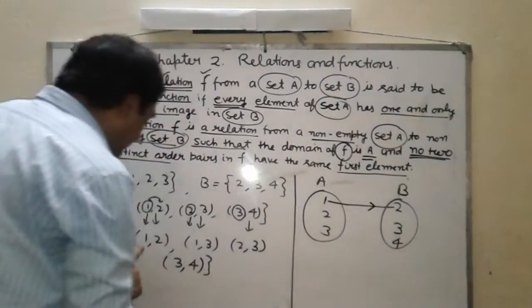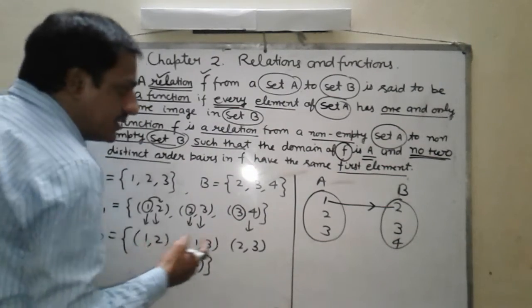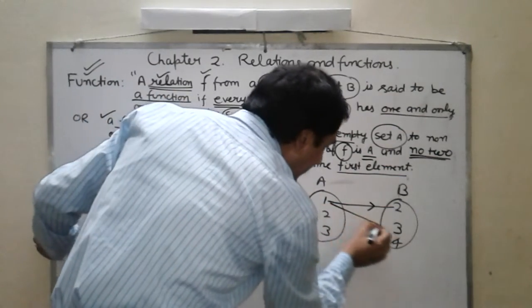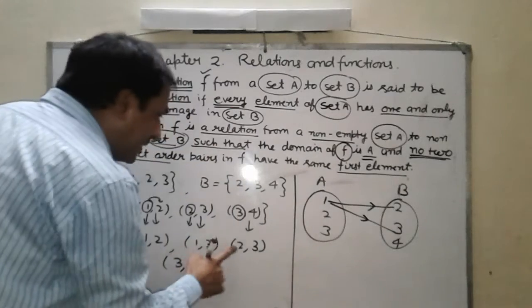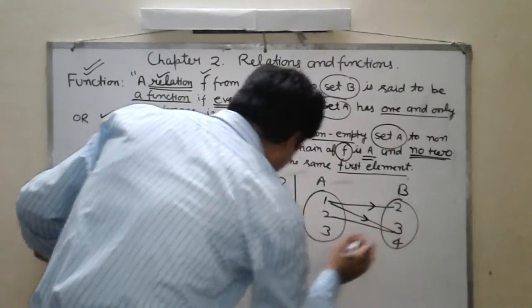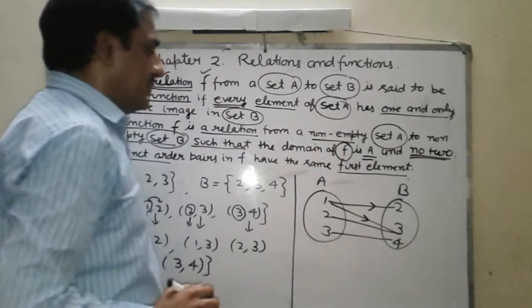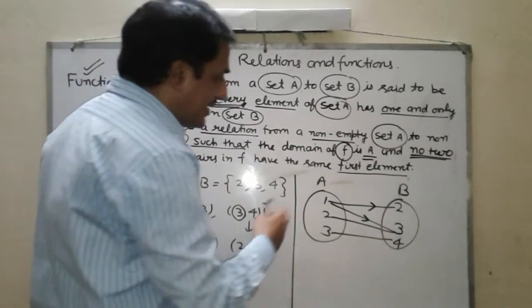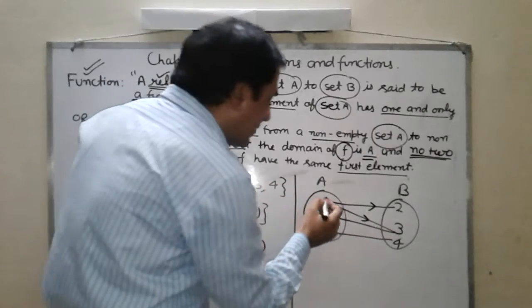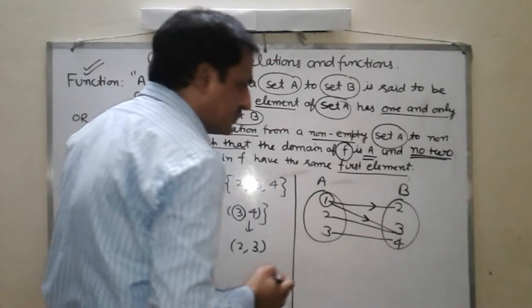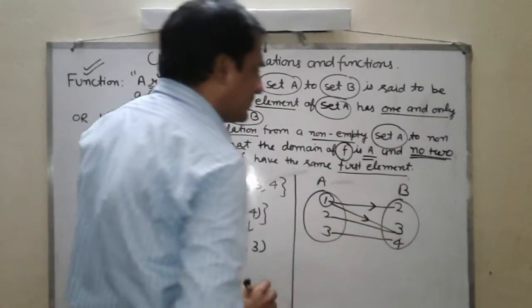The image of 2 is 3 and the image of 3 is 4. You can see that the image of 1 is 2 and 3.